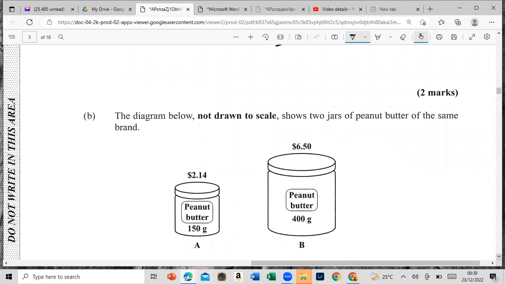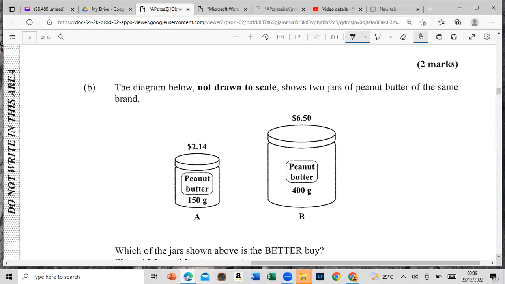It says the diagram below, not drawn to scale, shows 2 jars of peanut butter of the same brand. Which of the jars above is the better buy? It's a customer, so a better buy for the customer would be to pay less and you get more, right?